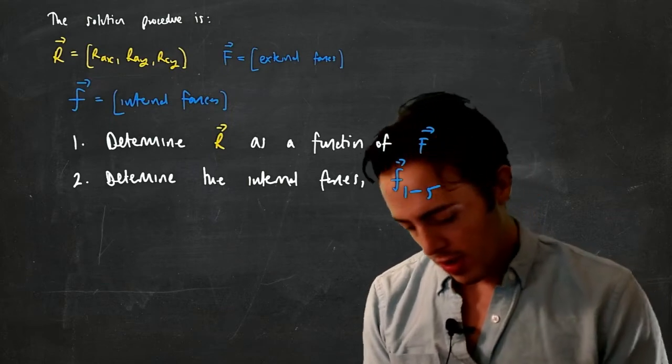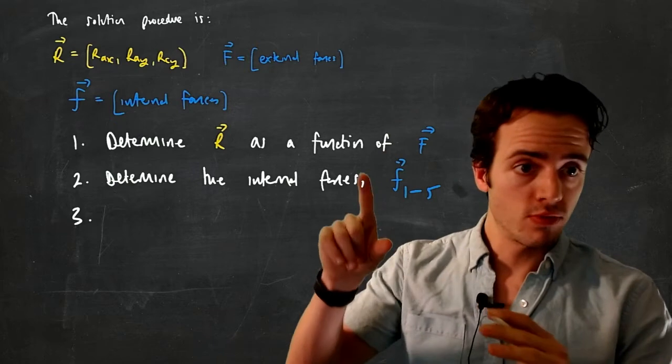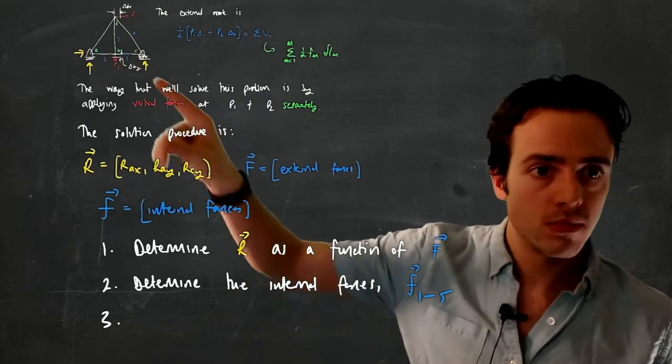Once we've got the internal forces, we can then work out how much each member expands or contracts under the real loads, which for our problem is P1 and P2.